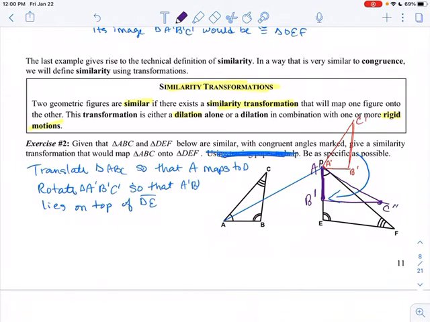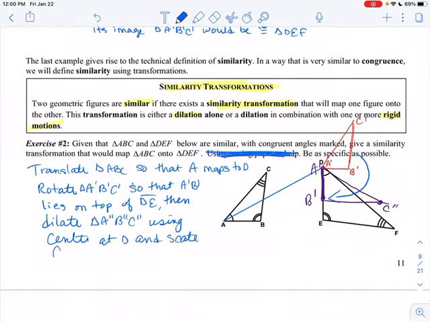And then after I do that, I would have to dilate it. So I'm going to get the other color. So I rotate it so that A prime, B prime lies on top of DE. And then I'm going to dilate it. I always want to say what's the center of dilation. Dilate triangle A double prime, B double prime, C double prime using center at D and scale factor.